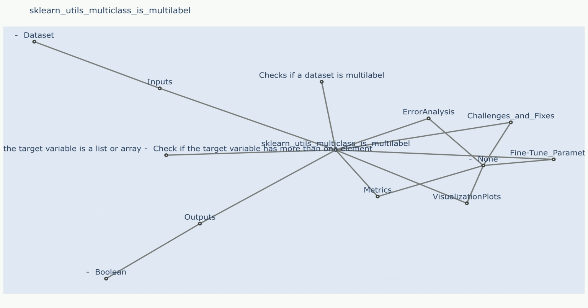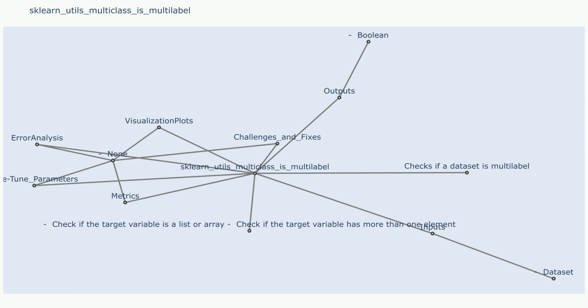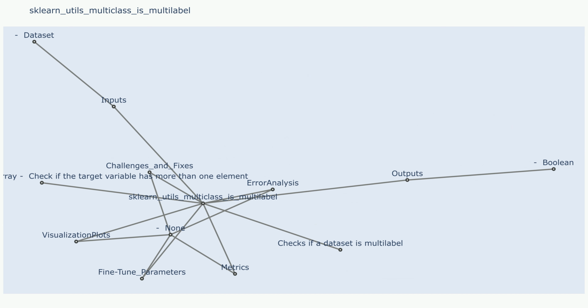Fixes to challenge 1: pre-processing the data to explicitly convert the labels into a format that the function can interpret as multilabel. This could involve splitting the string into a list or using a data structure that represents multiple labels per sample.